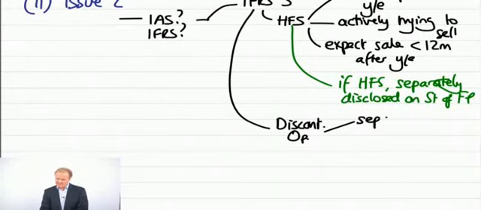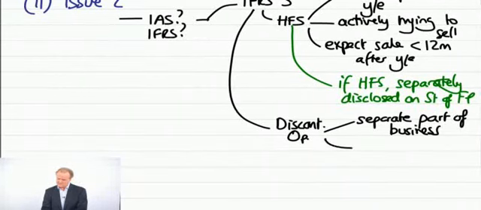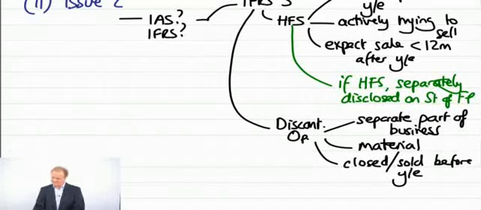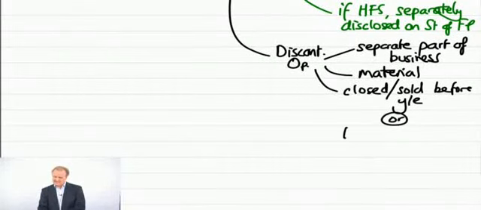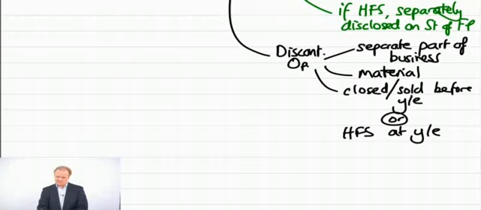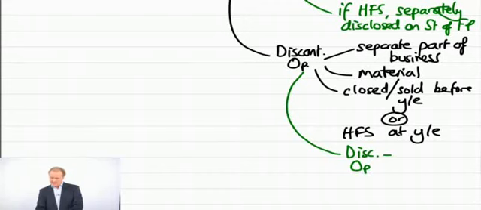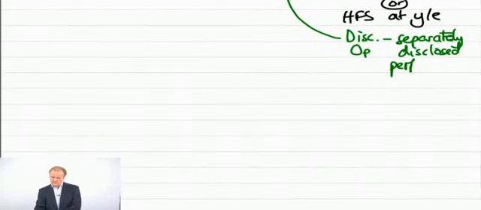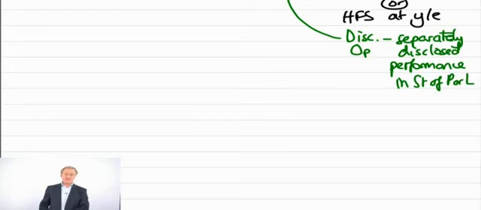And if you have got a clearly separate part of the business which is material and which is closed or sold before the year end, or is held for sale at the year end, then it's a discontinued operation with separately disclosed performance in the statement of profit or loss, and also the cash flow statement, by the way.